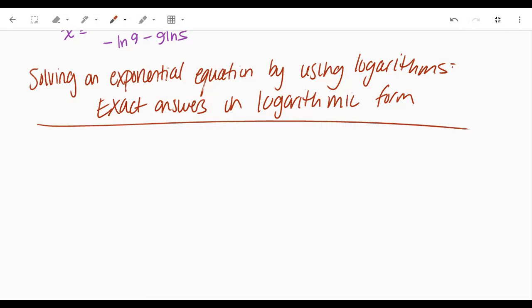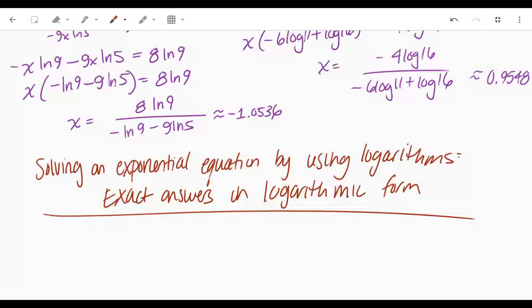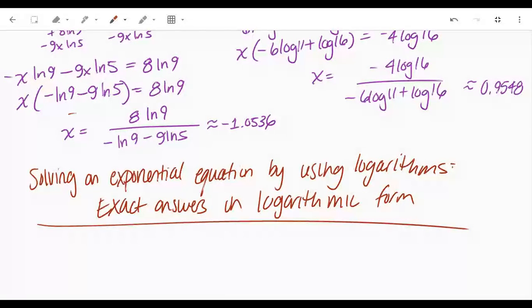When they say exact answer, that means no calculators. We basically just leave it as we would before we used your calculator. Honestly, it's just the same problem as before, but you don't plug it into your calculator. So you just leave it. Like this one, we would just leave as that.